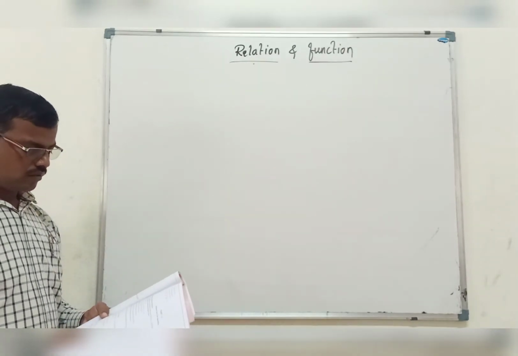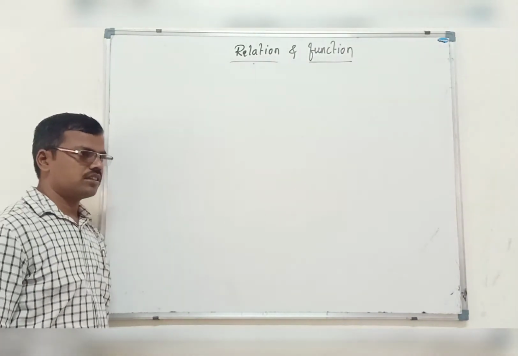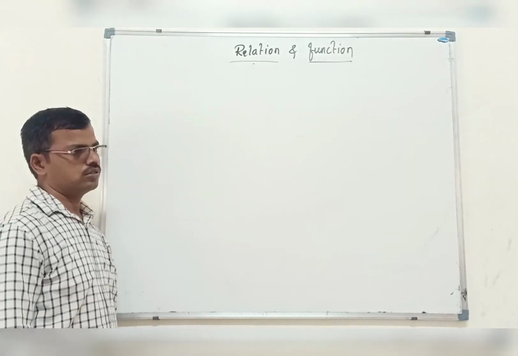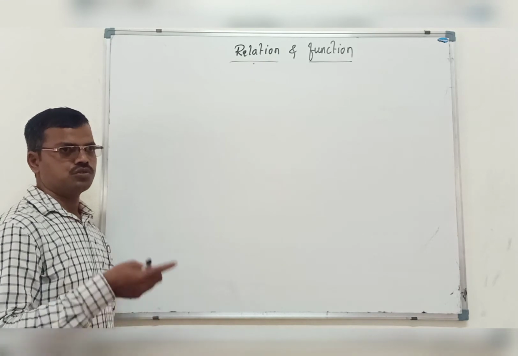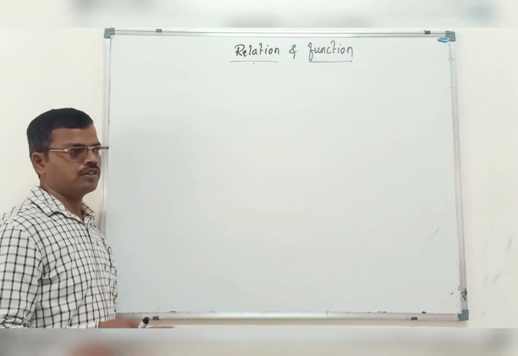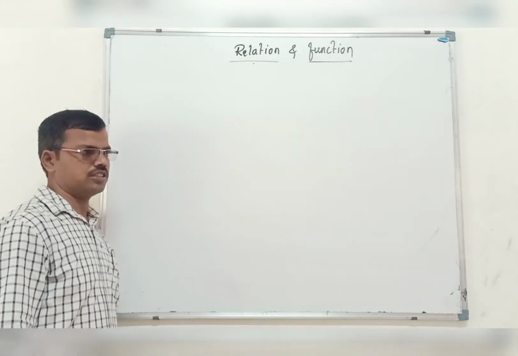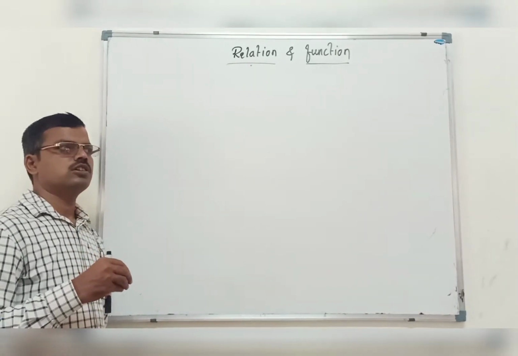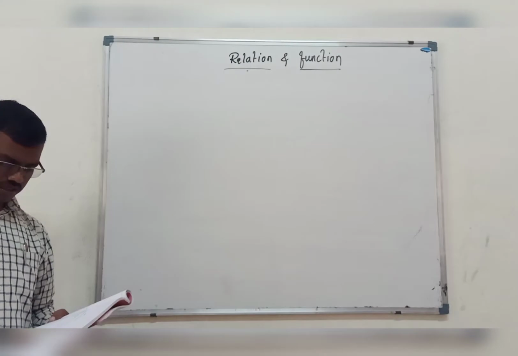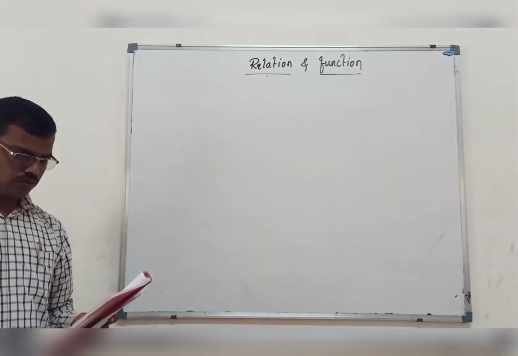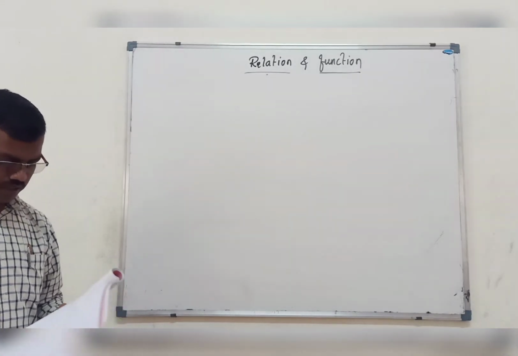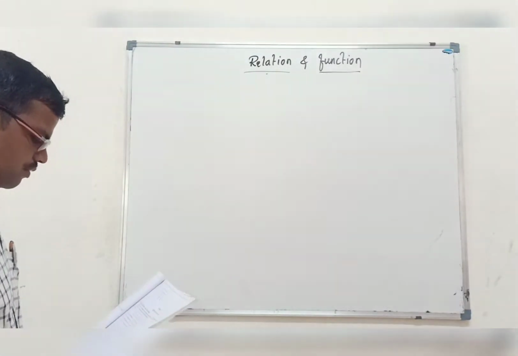They may ask: show that the given relation is reflexive, symmetric and transitive. For each 1 mark, so 3 marks is sufficient. So let me discuss the 3 mark questions from part C regarding relations and functions.